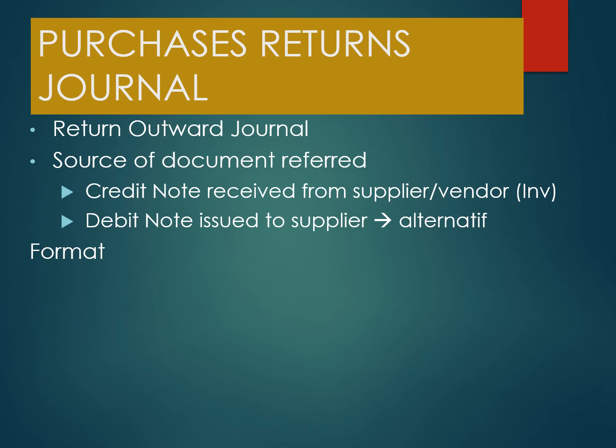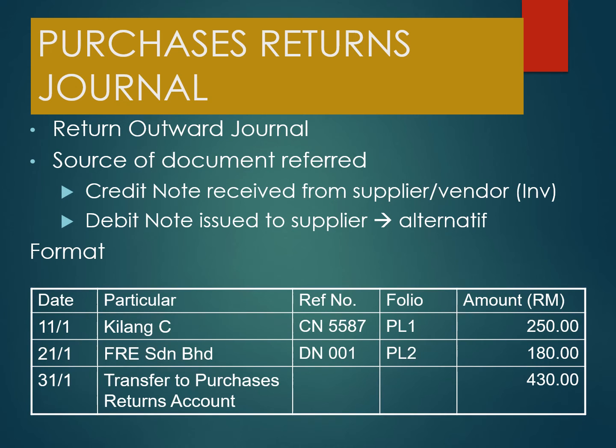And the format for the purchases return journal is the same as the sales return journal. The date, particular, reference number, so which reference you're referring to, and also the amount column. Okay, let's say you use the credit note from the supplier, so you put the credit note reference number, or you refer to the debit note, so you will write the reference number of the debit note that you sent to the supplier.